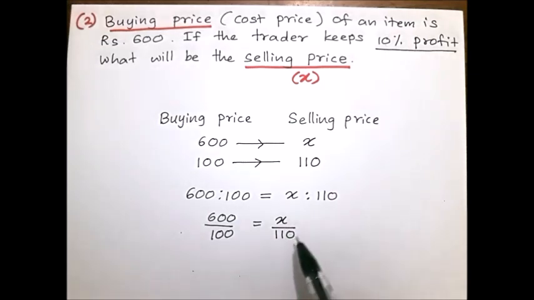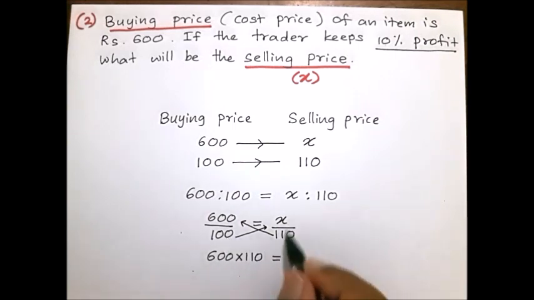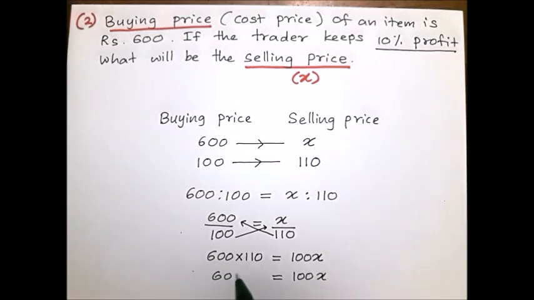Now to find x, you have to use the cross multiplication method. So take 110 here and take 100 here. 600 multiplied by 110 equals 100 multiplied by x. Now you can divide both sides by 100.